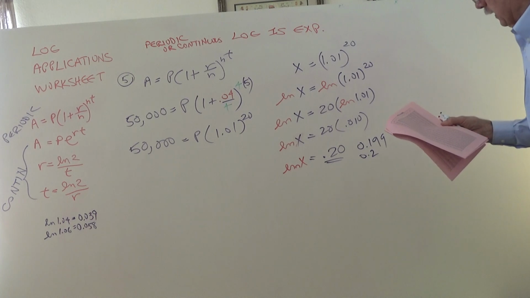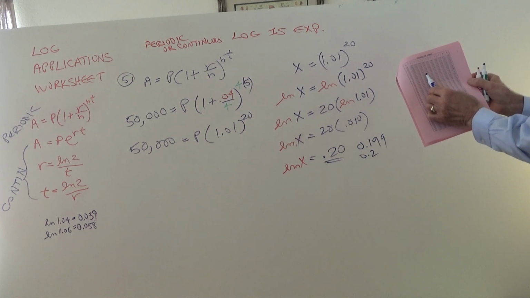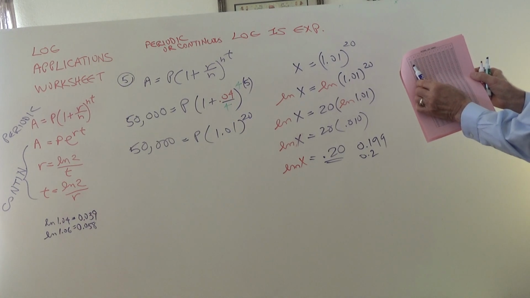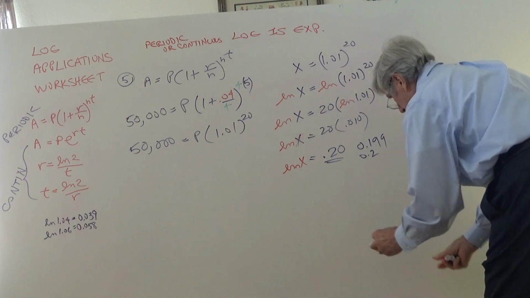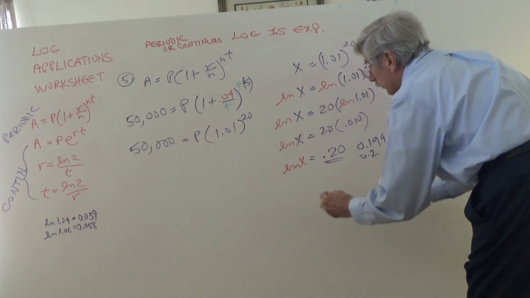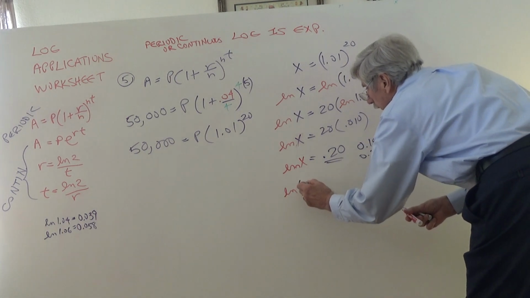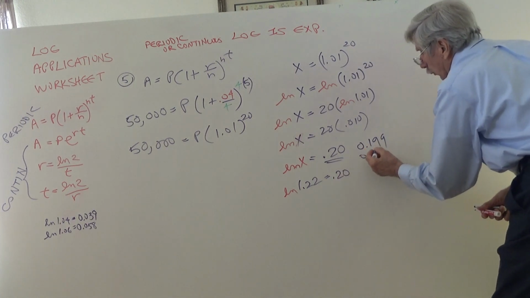So let's use that. Go across, you'll see 1.2, and go up, you'll see 2. So basically, the natural log of 1.22 should equal 0.20, actually 0.199.